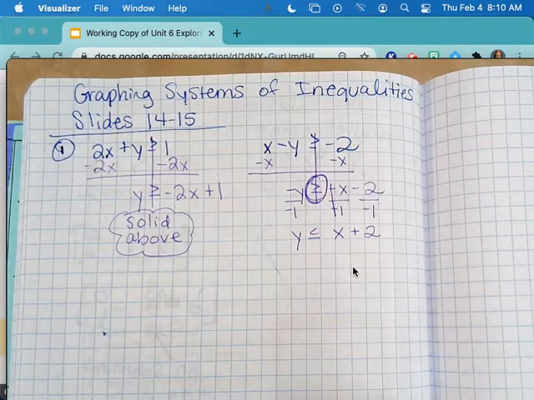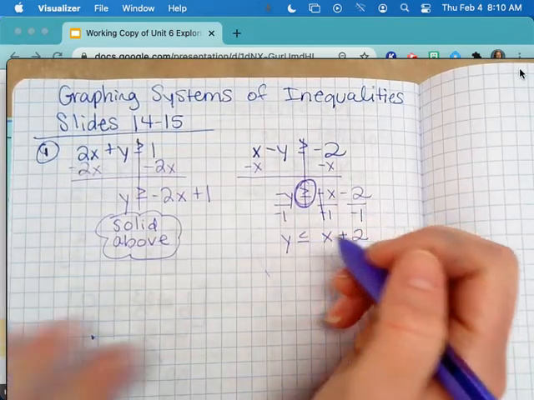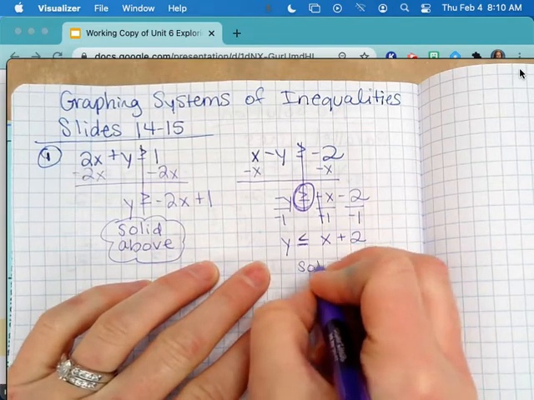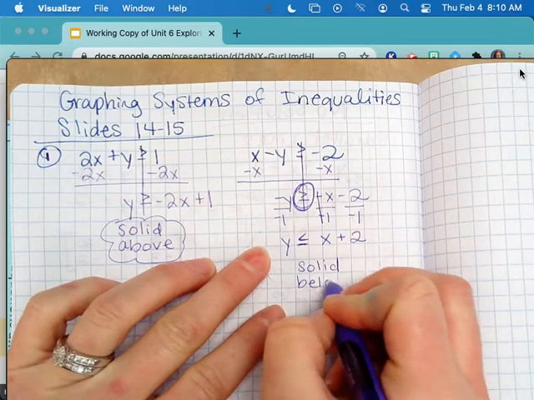And then how are we going to shade this if it's a less than or equal to? The or equal to is telling us it's solid. And the less than means below.